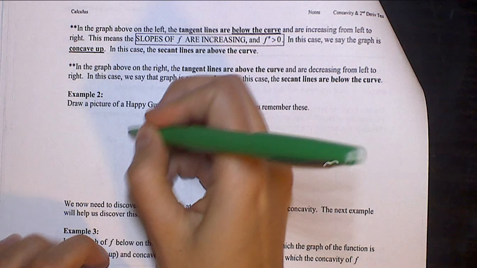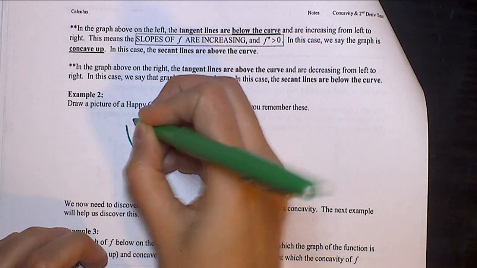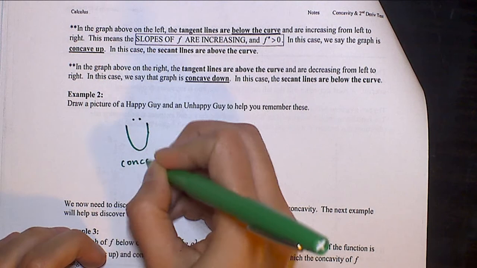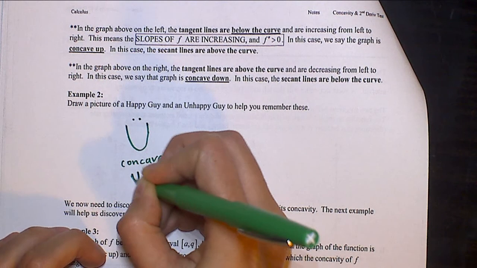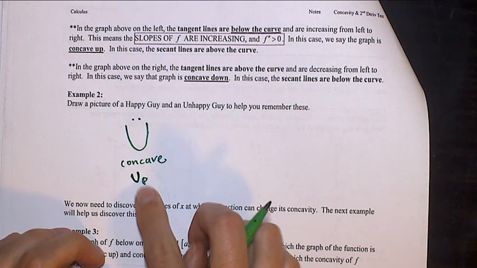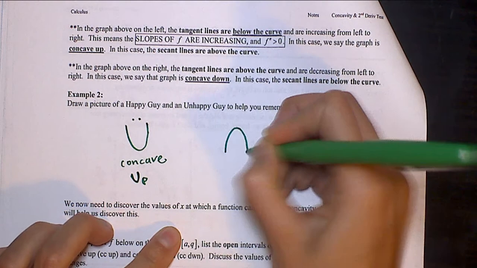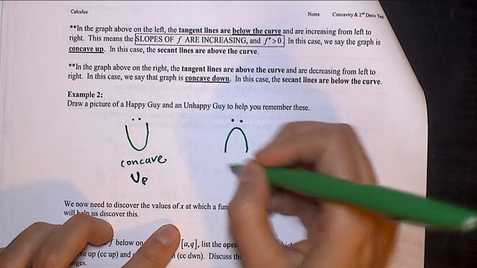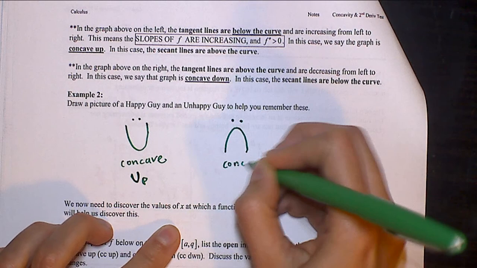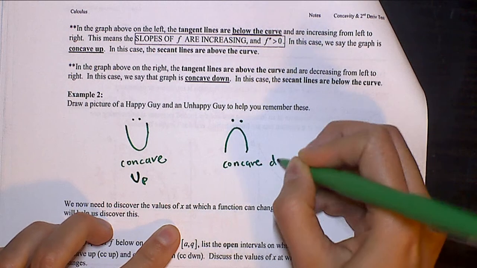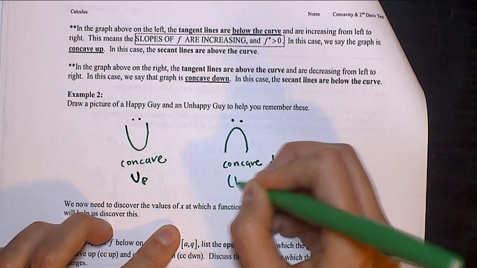So we can say, smiley face here, this is concave up. Get it? Like a U, concave up. And then a frowny face, I like to say concave down like a frown.